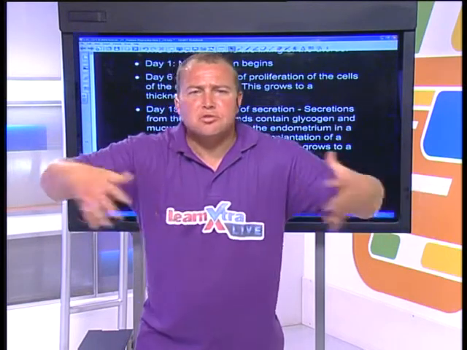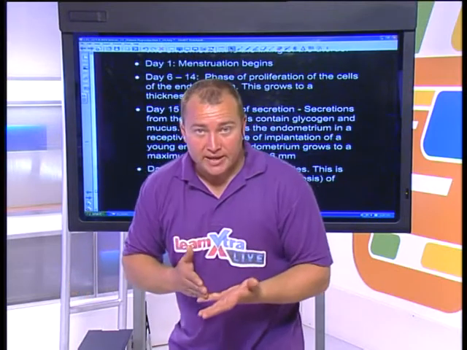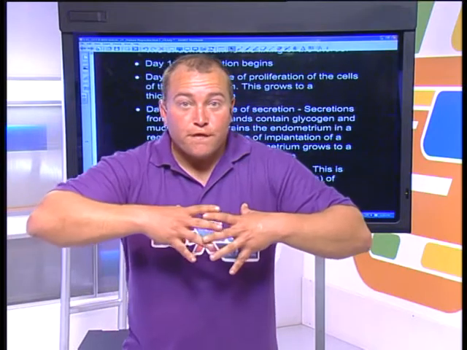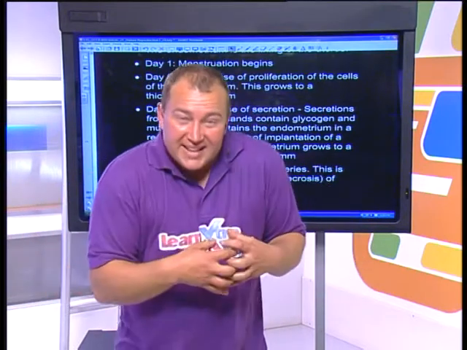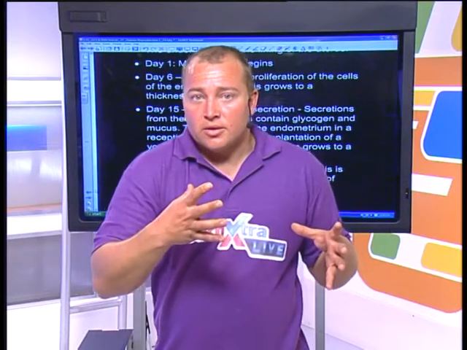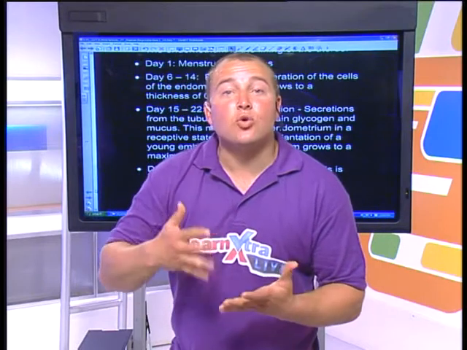So they say day 1 is when you start bleeding. Day 14 is where that Graafian follicle explodes. And the minute that it explodes, that's called ovulation. It's when you release the egg from the ovary. That's day 14. And then day 28 is the last day, the last day before you start bleeding.